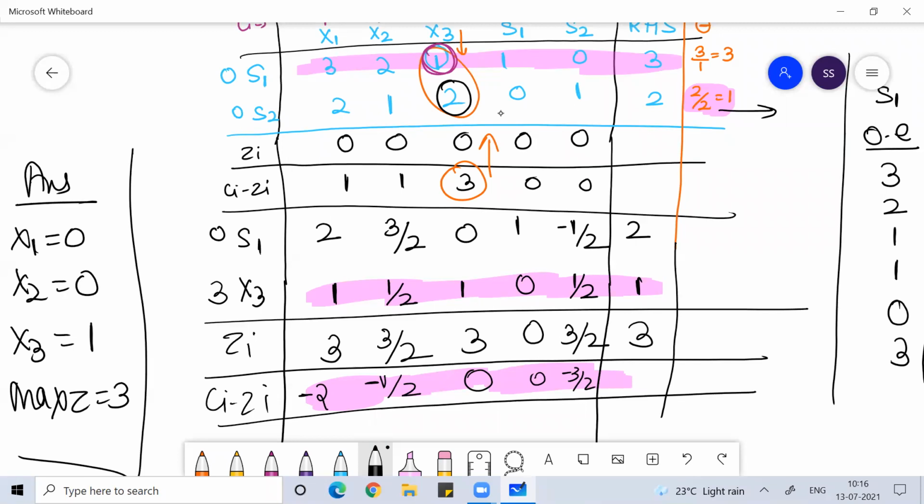So we'll solve the problem. Whenever we are solving the problem, we'll solve it only till the stage that all our Ci minus Zi are either 0 or negative. The moment we get all Ci minus Zi values 0 or negative, done. We don't need to solve it further.